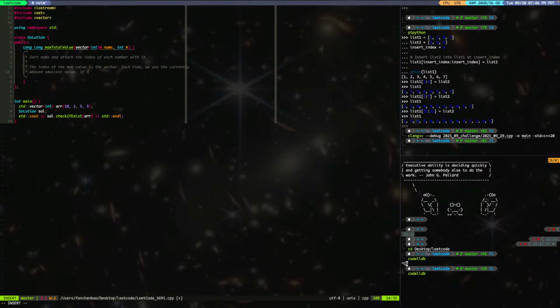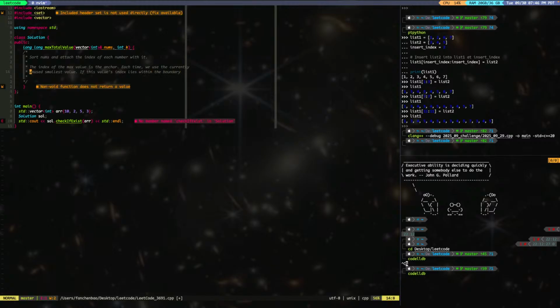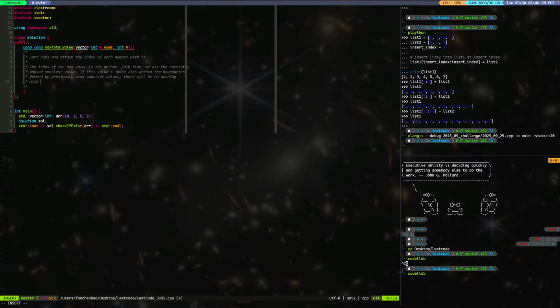If this value's index lies within the boundaries formed by previously used smallest values, there will be no overlap with the previously used smallest values, and we can form new subarrays as long as they do not go beyond the boundary.